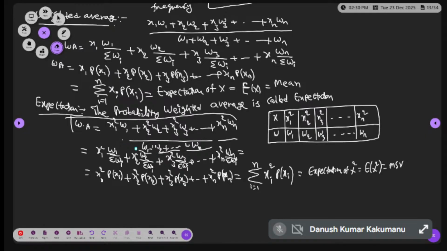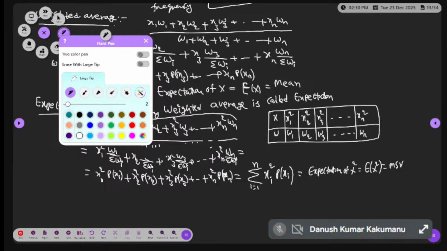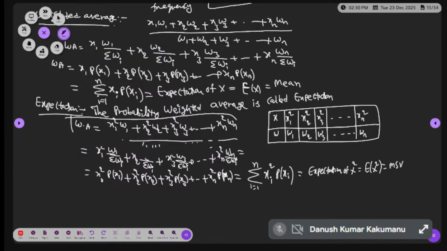I will write again if you have any confusion about this. What is the weighted average? x1 squared omega 1 plus x2 squared omega 2 and so on, whole divided by omega 1 plus omega 2 plus omega 3 plus so on omega n. These terms I separated. All the terms are separated. Okay? No problem.